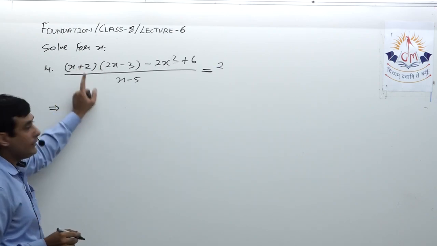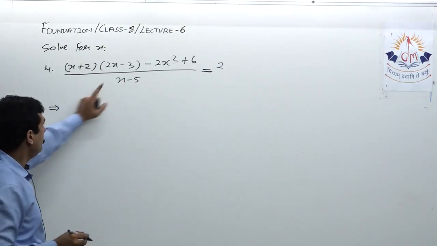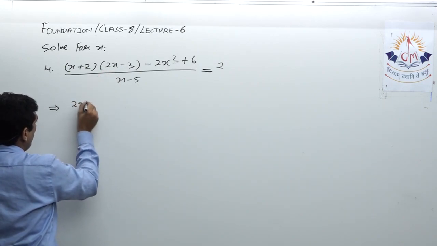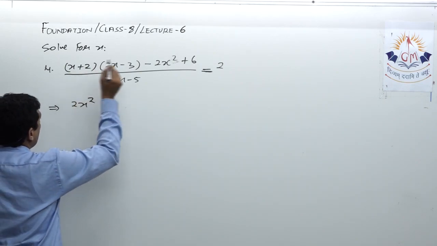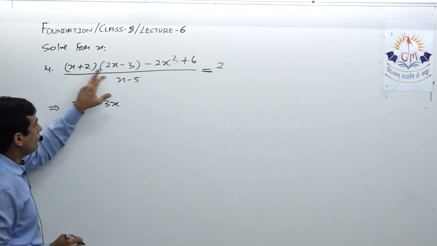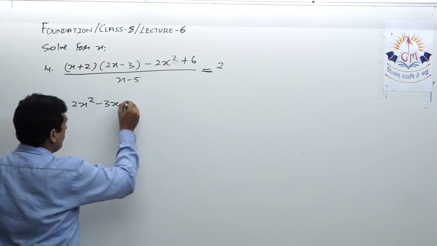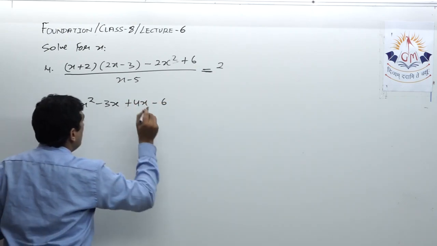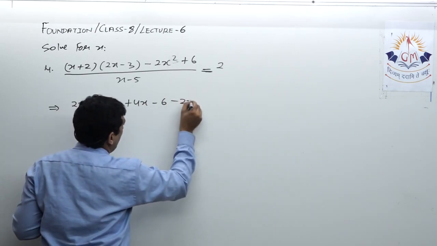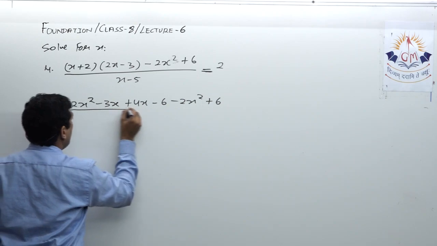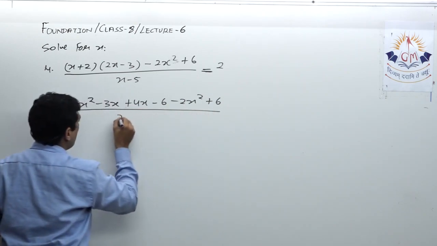See, first of all, we'll multiply this binomial to binomial. So x into 2x, that is 2x square, then x into minus 3, that is minus 3x. Okay, then 2 into 2x, that is plus 4x, then minus 6. Over here I have minus 2x square plus 6 divided by x minus 5.